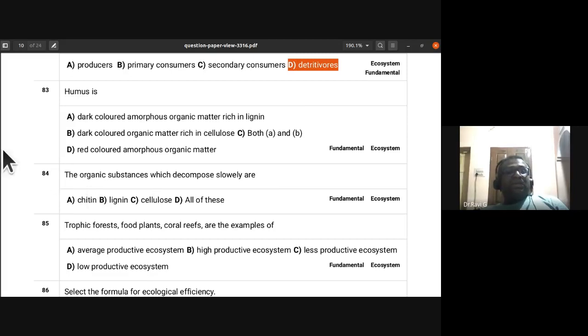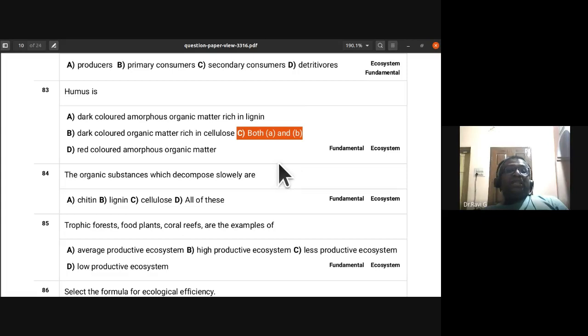Humus is a dark colored amorphous organic matter rich in lignin, dark colored organic matter rich in cellulose, both A and B, or red colored amorphous organic matter. So which is the right answer for the 83rd question? The right answer is C, both A and B. It is a dark colored amorphous organic matter rich in lignin as well as cellulose.